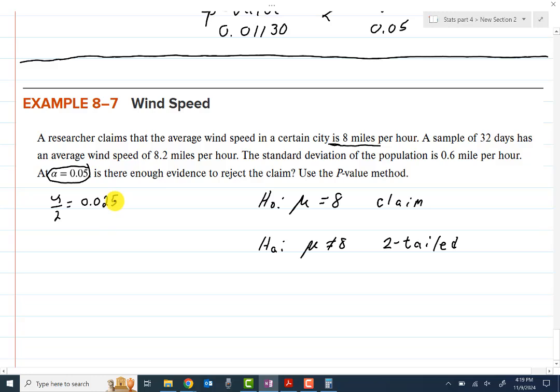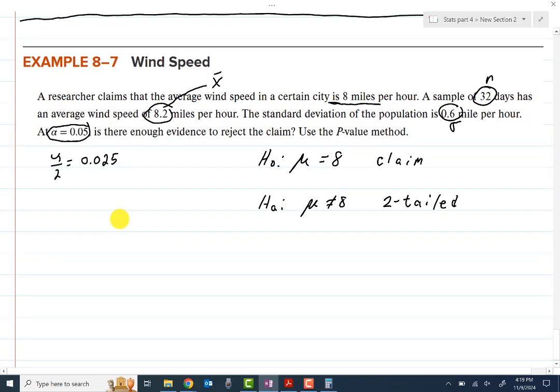Now let's get our information here. We had an average wind speed of 8.2 in the sample, so that's X with a bar. There's our N. There's sigma. Now let's draw a picture. We put 8. Now our p-value will simply be this area inside of here.